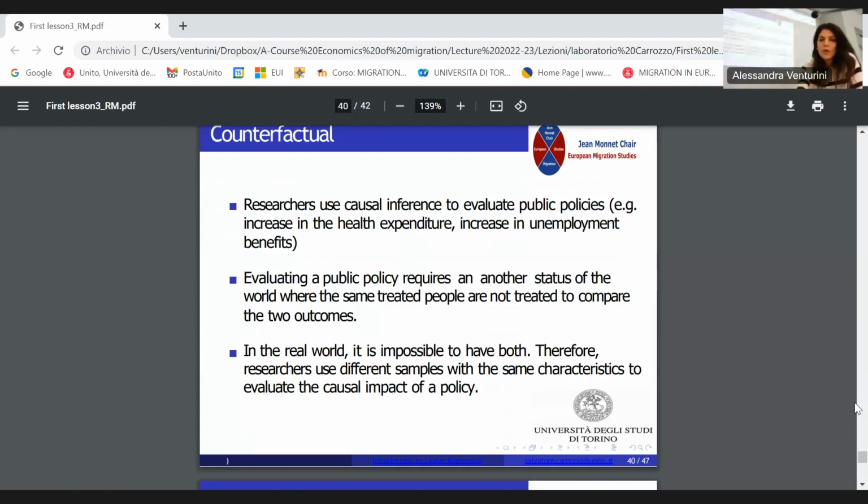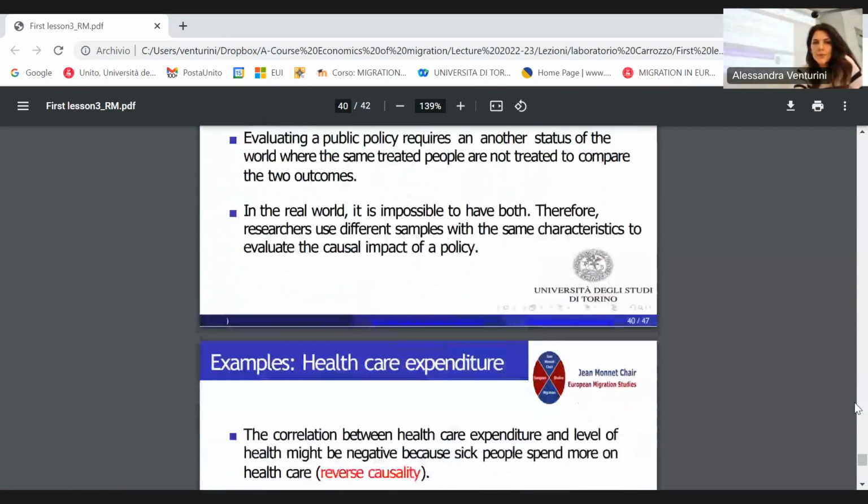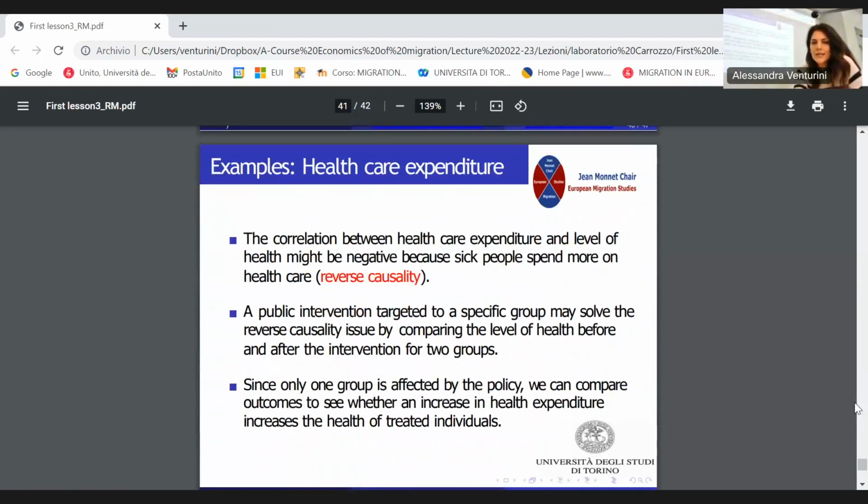An example in this case could be the healthcare expenditure. The correlation between the healthcare expenditure and the level of health might be negative because of reverse causality. The reverse causality is a big problem because you have a theory behind each regression.